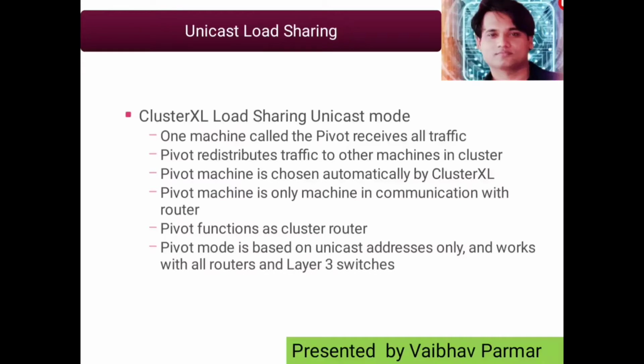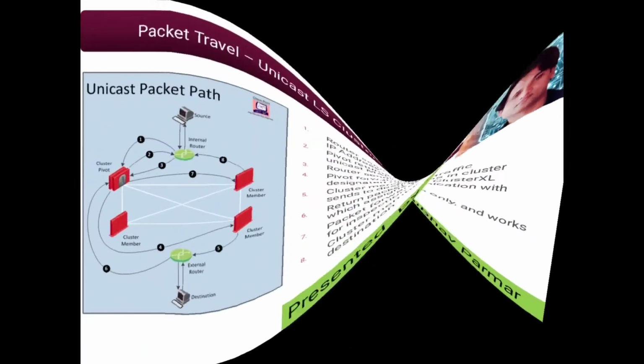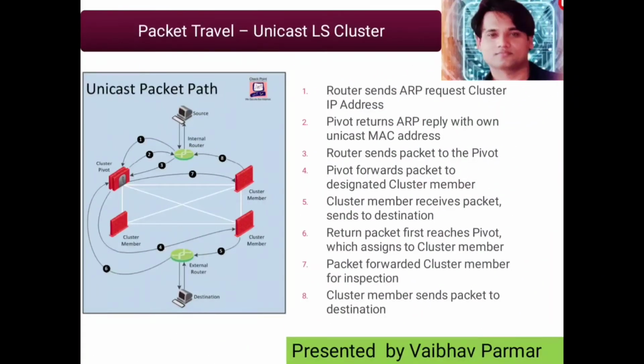Let's understand this by looking at this example. If you see the packets, number one, the router sends an ARP request to the cluster IP address. The pivot returns an ARP reply with its own unicast MAC address to the router. The router sends the packet to the pivot.